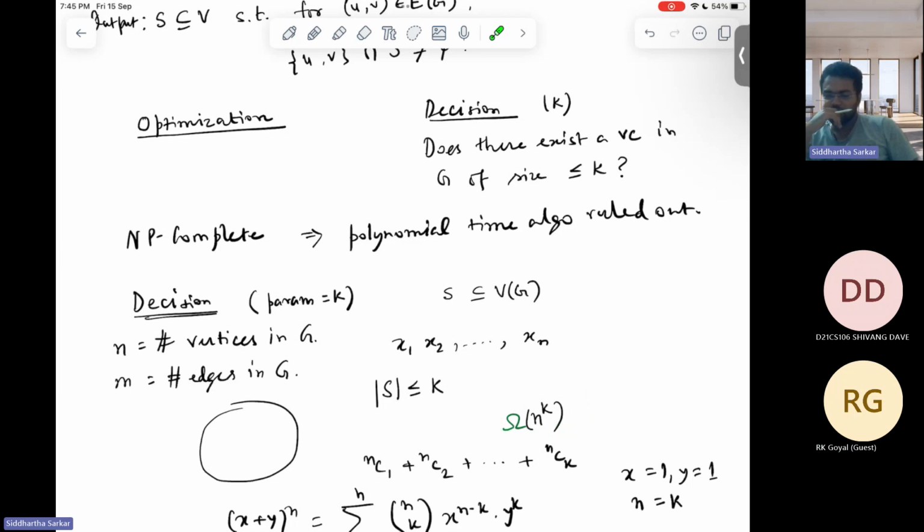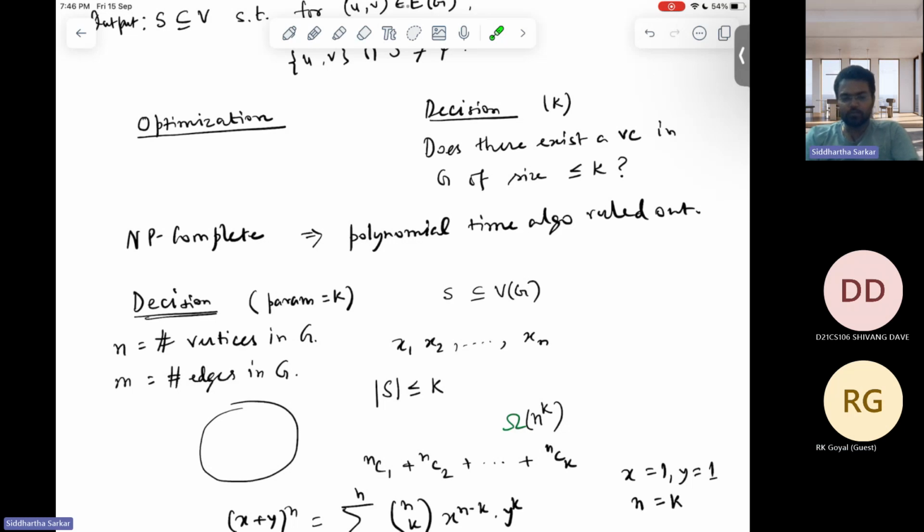This n has to be some constant, otherwise it becomes very huge.